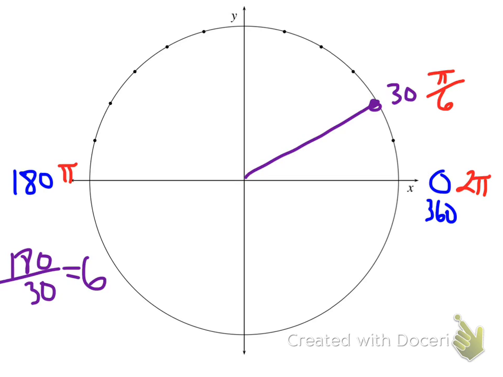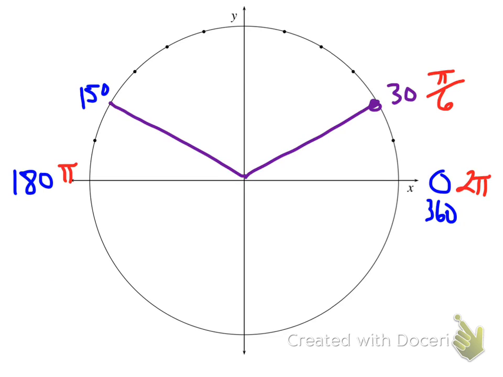I can also then figure out this one here. Now, we had previously learned that for degrees, I would do 180 minus 30. So this is 150 degrees. I can do the same idea right now with radians. So I know that it is 1 pi all the way over here, but I need to subtract pi over 6.